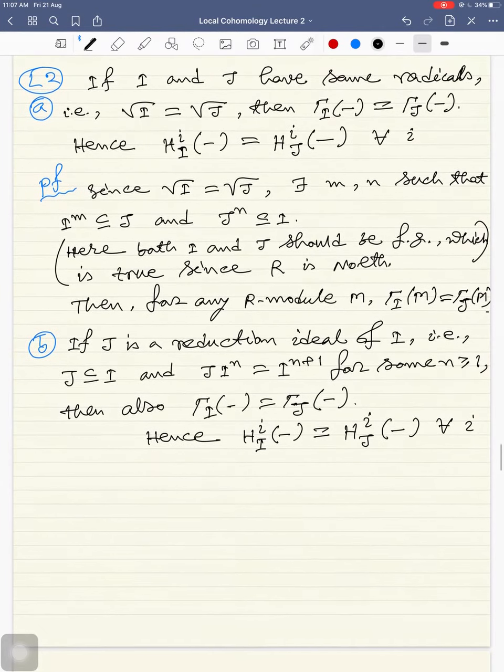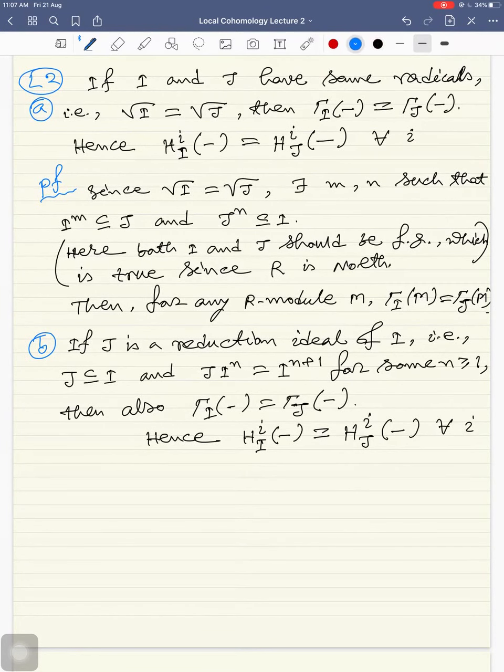So the proof is basically the same. I should quickly write this. It is given that J is a sub-ideal of I, and from this you can write J^m times I^n is just I^(n+m) for all m greater than or equal to 1.